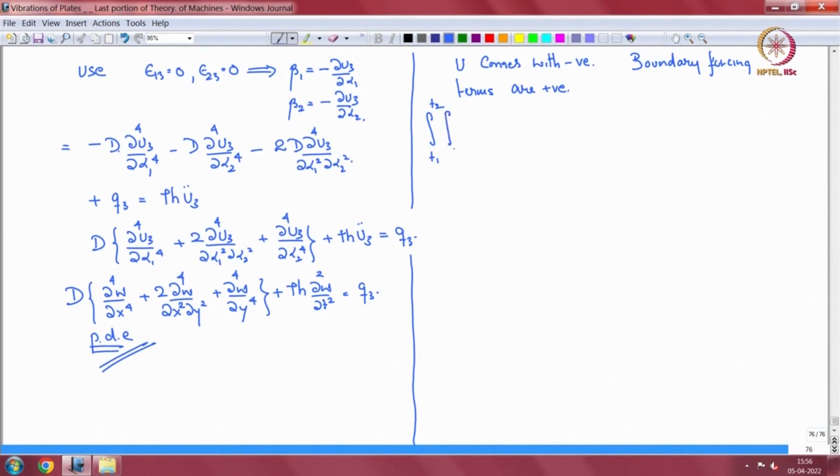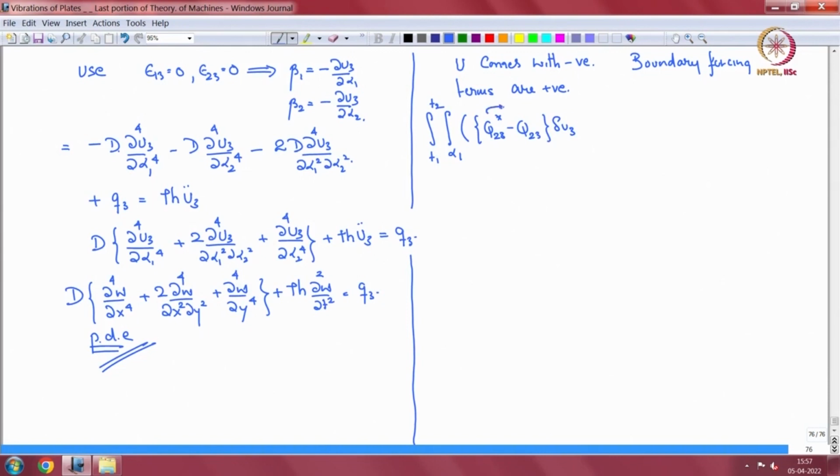Integral over time, integral over alpha 1, (q3 star minus q3) delta u3.